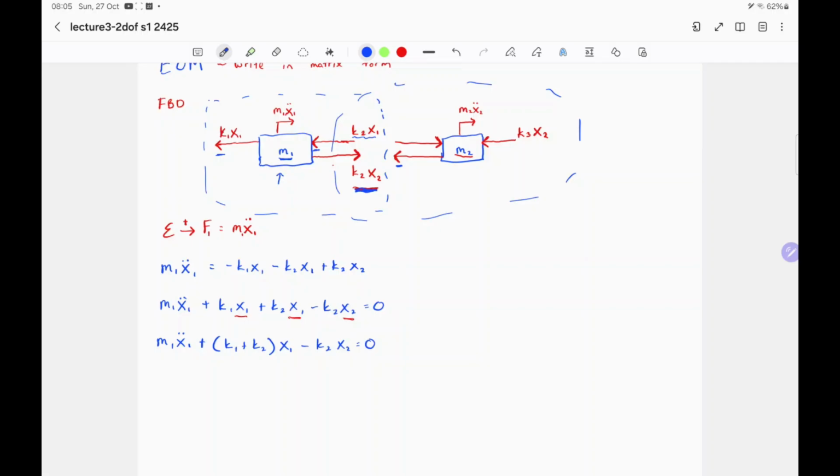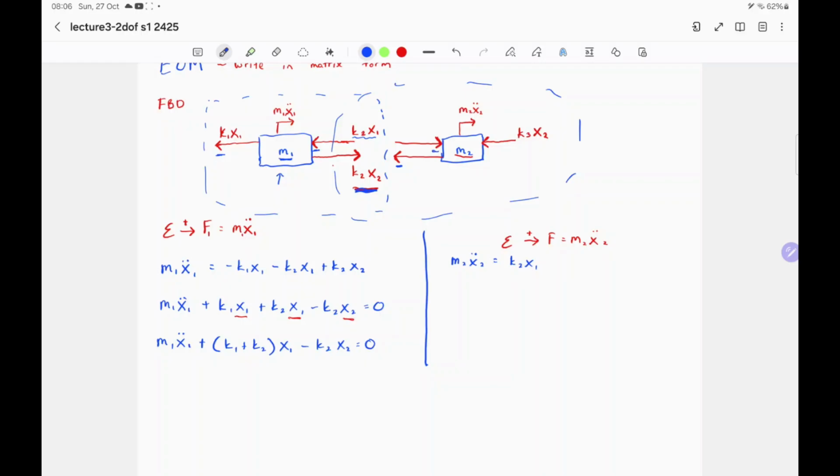Again similar, sigma f going to the right hand side is positive, equal to m2 x double dot 2. So m2 x double dot 2 is equal to positive k2 x1.